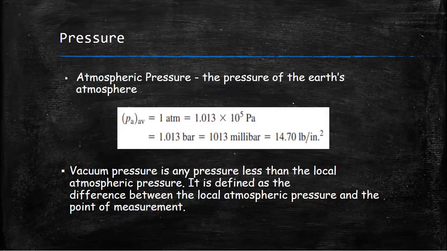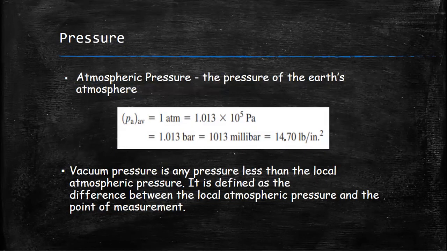At sea level, the atmospheric pressure is equal to 1 atmosphere, which is equal to 1.013 times 10 raised to 5 Pascal, or specifically 101,325 Pascal. In PSI, it is equal to 14.7 pounds per square inch, or 14.7 PSI.